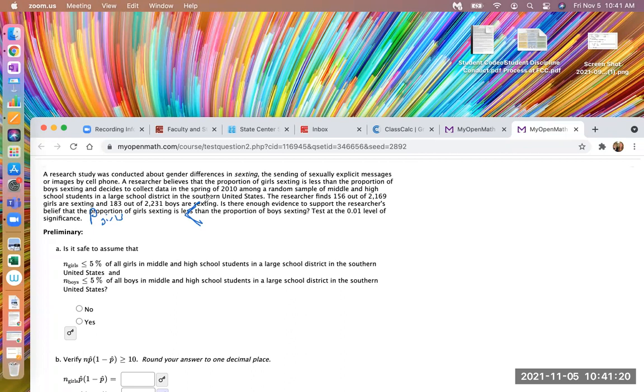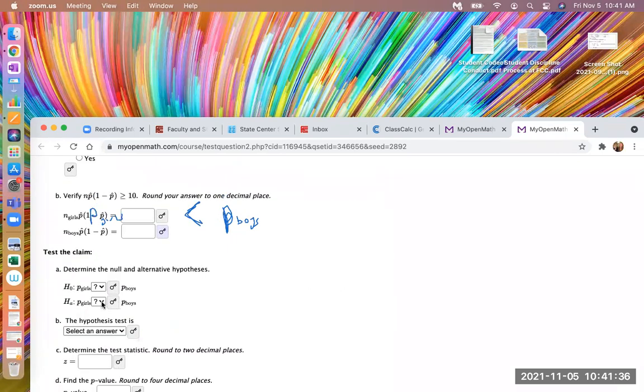Something is less than, so it's smaller than, and the alligator's mouth is going to be pointing in the opposite direction of that smaller than thing. That's the alternative hypothesis, so the one we want here is less than.